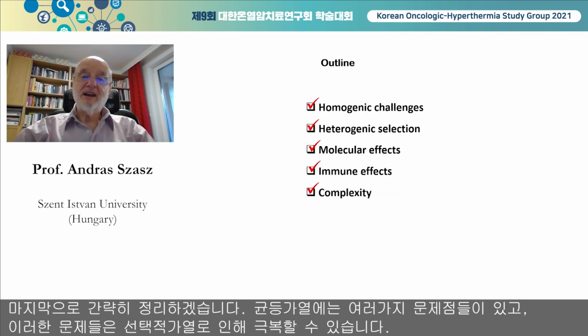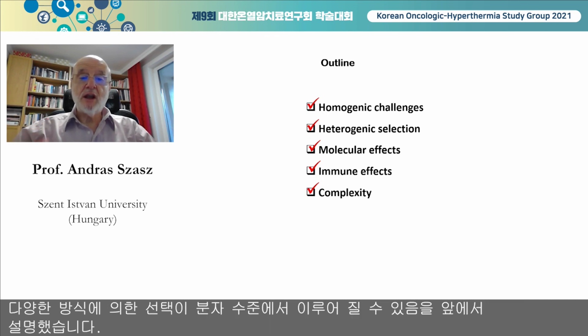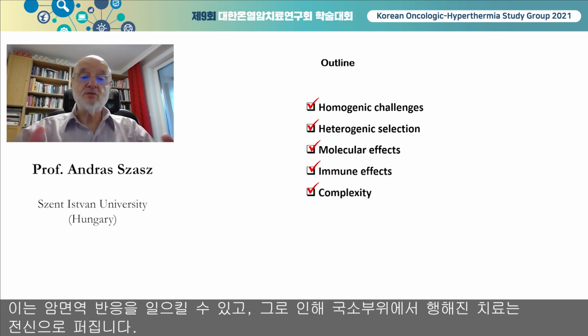At the end, we have summarized all the factors which I wanted to explain for you, and a very, very important message is that the homogeneity challenge can be overcome by heterogenic selection, and the molecular effects show very well that the heterogenic selection can be done at the molecular level. This can be used for immune effects, which enlarge the local treatment to global.